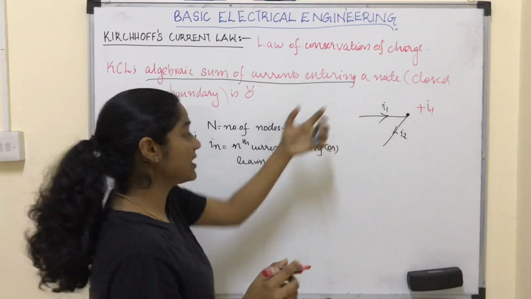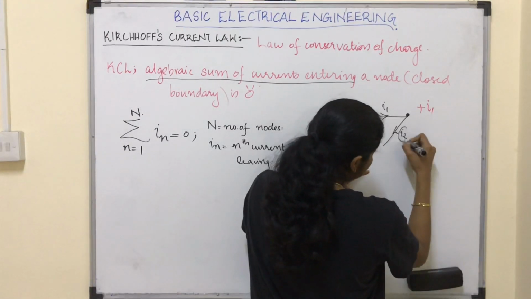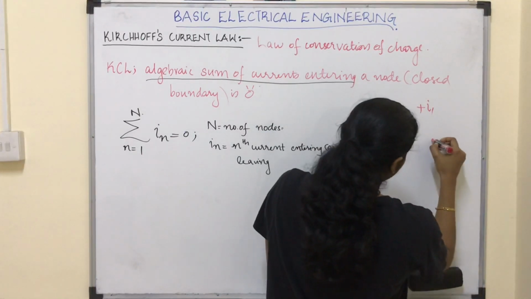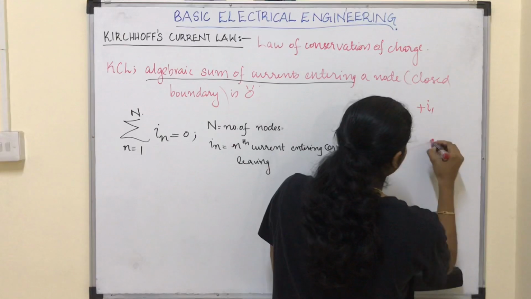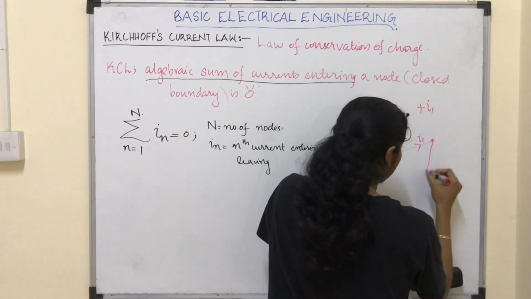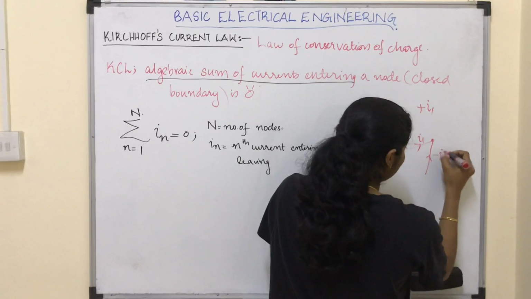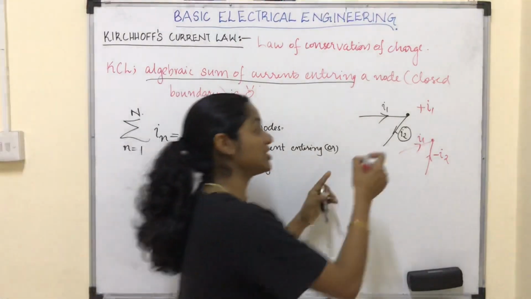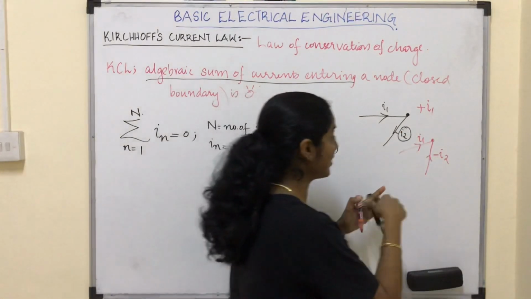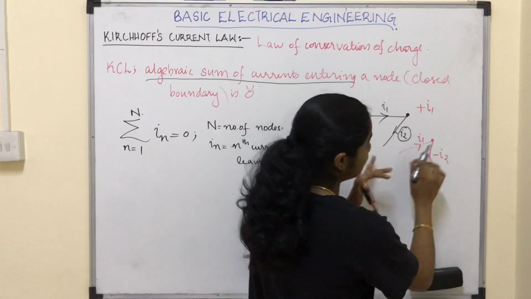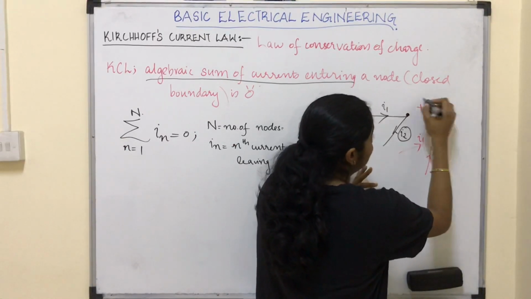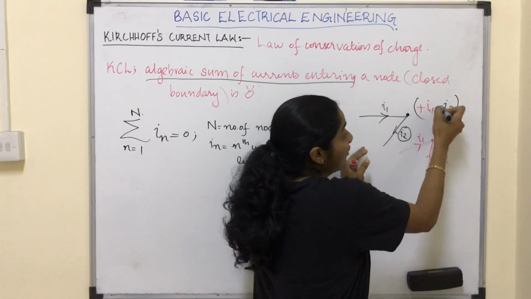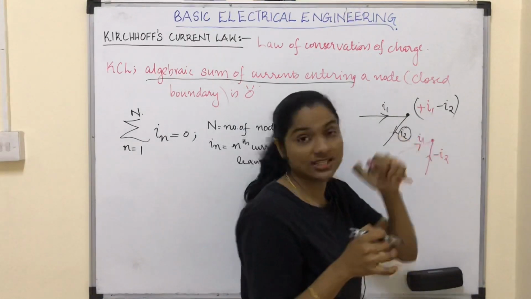Here this current I2 is leaving, or we can draw it another way, with I2 also entering but with a negative sign. Algebraic sum means it can be positive or negative. So the algebraic sum of currents entering a node in this case means I1 minus I2, right?